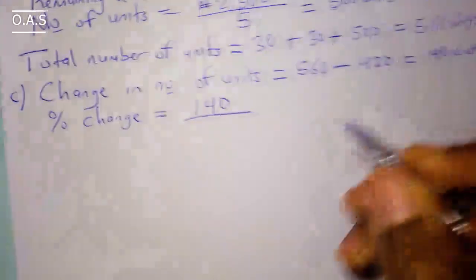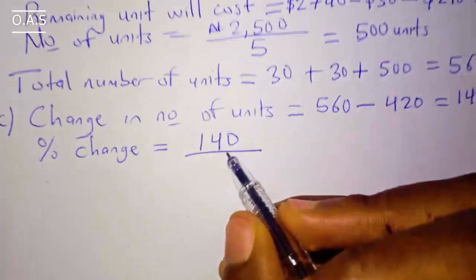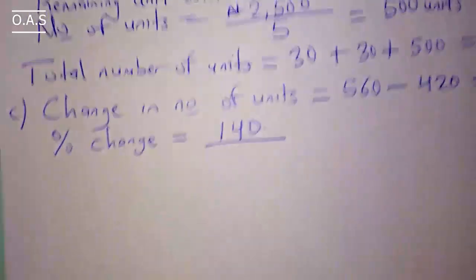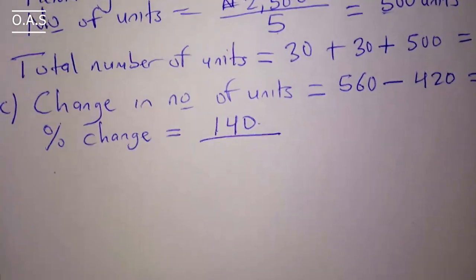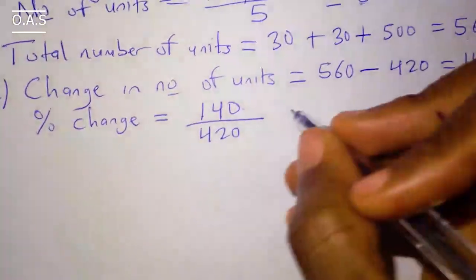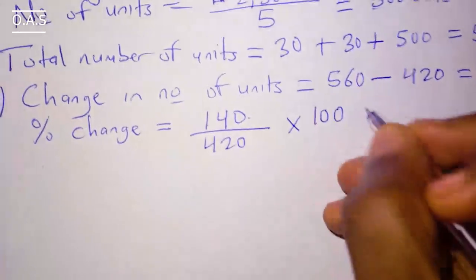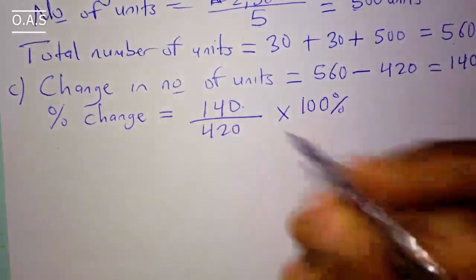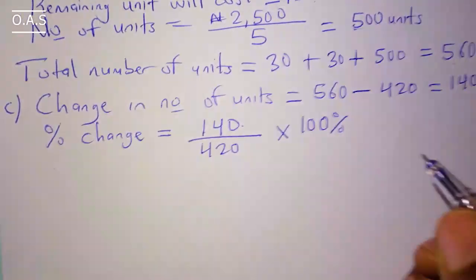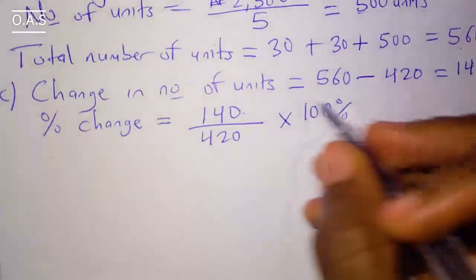So same thing happens here. The change in units from January to February is 140 over the initial units, that is the number of units for January, which is 420. Because it is percentage, you have times 100%. If you were told to calculate just the fraction, we would have just 140 over 420. But here they said percentage. So that's what we are going to have here.